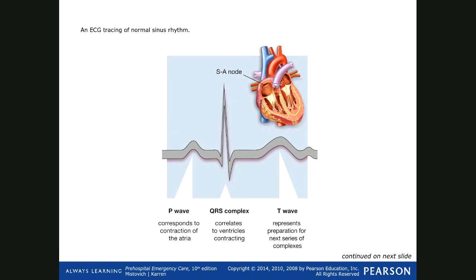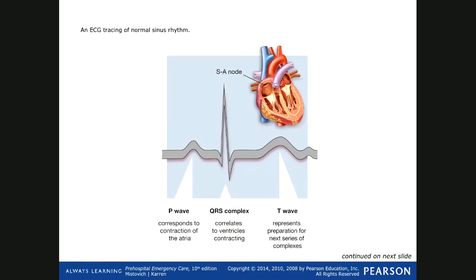What that means is nothing intrinsic, inside your body, or anything extrinsic, anything that's outside your body, if there's a stimulus that lands on that upslope of that T wave, that should not change this rhythm at all. However, the downslope of the T wave is called the relative refractory period.